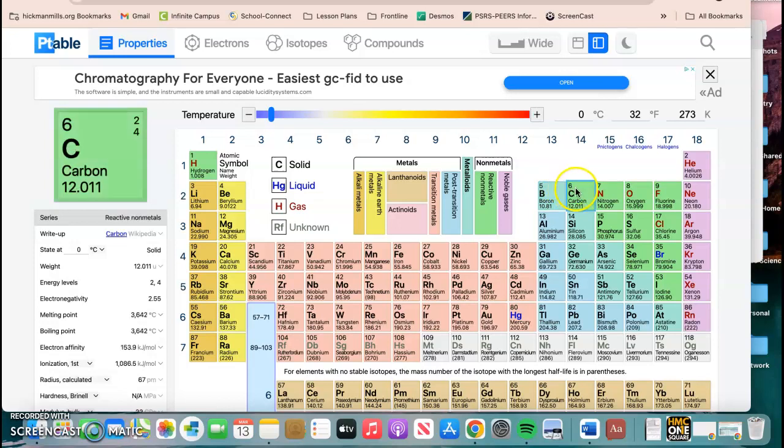For example, if we were looking at carbon and fluorine, carbon to fluorine would be a larger electronegative pull, versus oxygen to fluorine, right? It's a shorter distance from oxygen to fluorine versus carbon to fluorine.